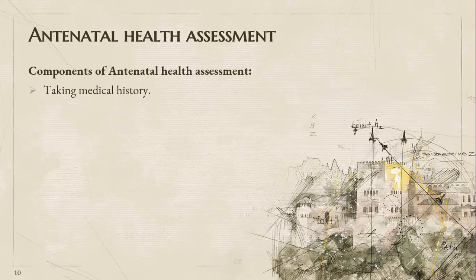What is the age, sex, and birth weight of the child she gave birth to before the existing pregnancy, and we should ask the health condition of the former child at present. And we should ask about the present pregnancy, how it is planned or unplanned or unwanted pregnancy, or the signs or symptoms of this pregnancy, everything we should ask.